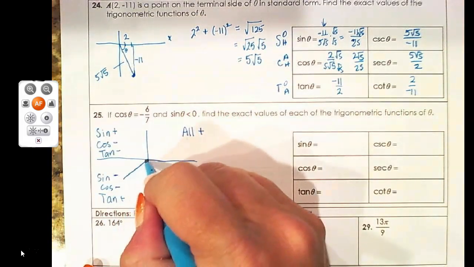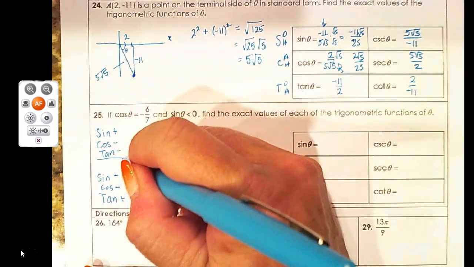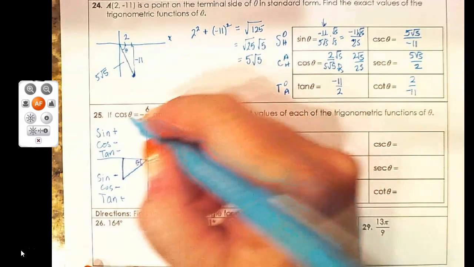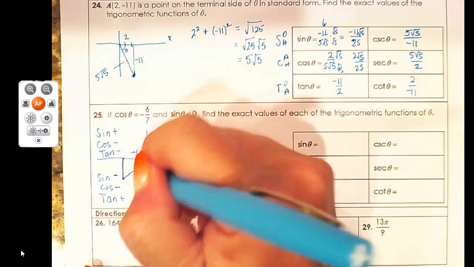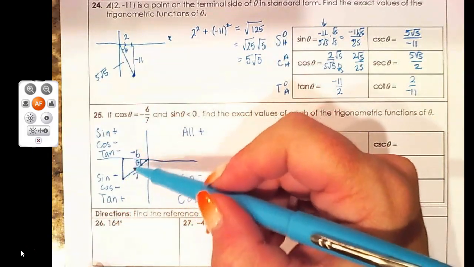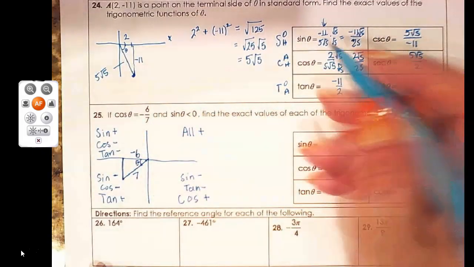So I'm going to go ahead there, drop my perpendicular to the x-axis, there's theta, and then the cosine is -6/7. So that's adjacent over hypotenuse. And then I'm going to figure out what the missing third side is.